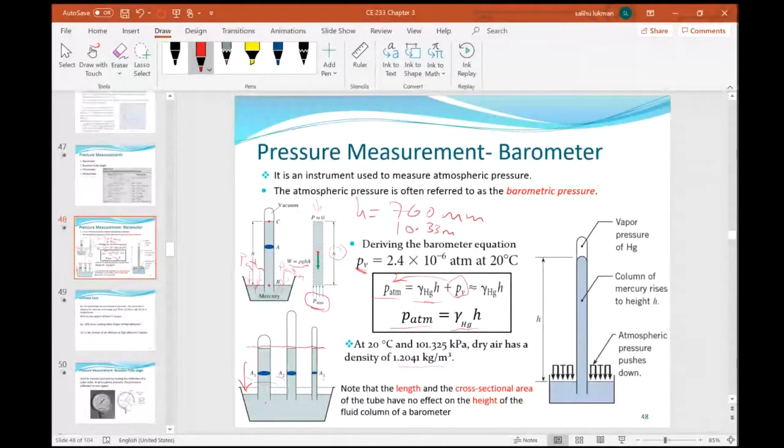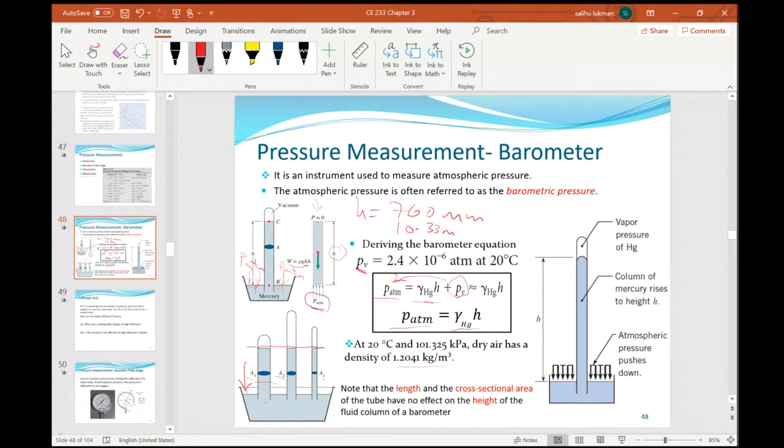And this is solely because of the density, because the density of mercury is about 14 times higher than the density of water. So water will rise to a level 14 times higher. The same atmospheric pressure, one atmosphere, will raise mercury 760 millimeter, but if it were water, the same one atmosphere will raise water to a height of 10.33 meter of water.